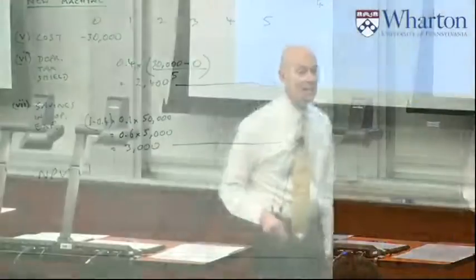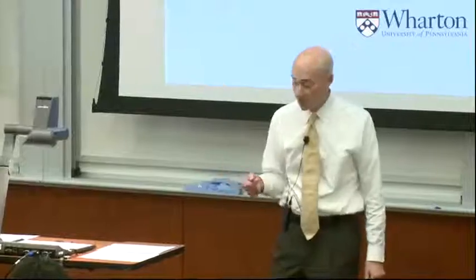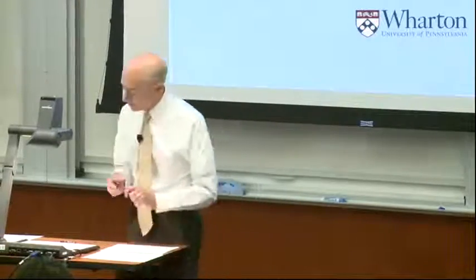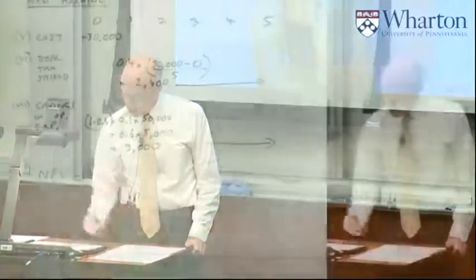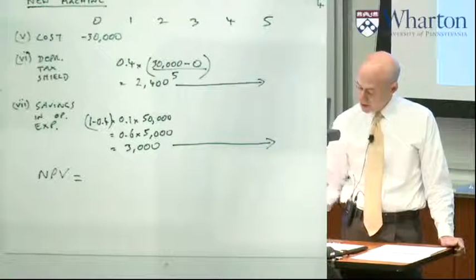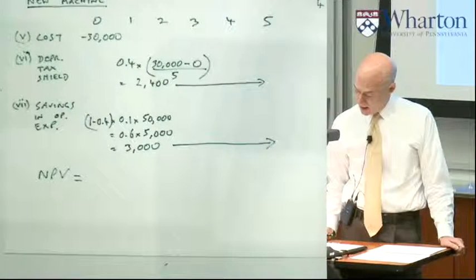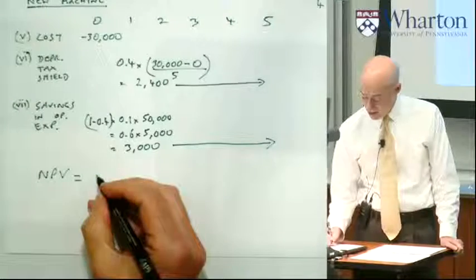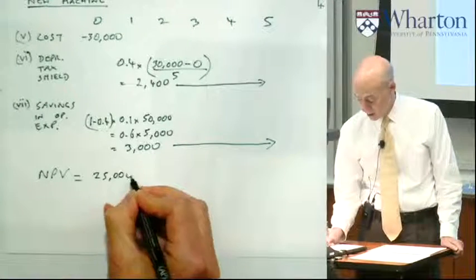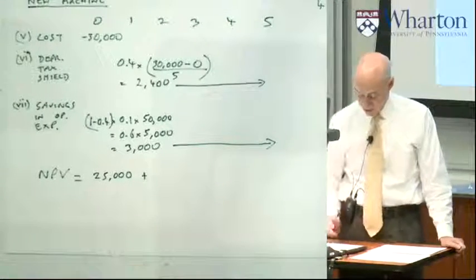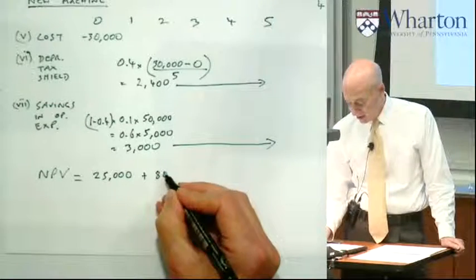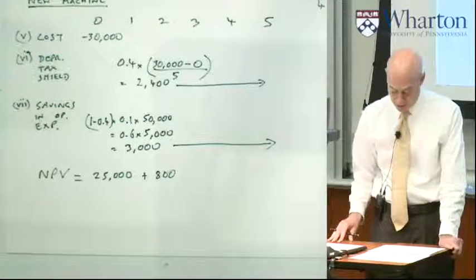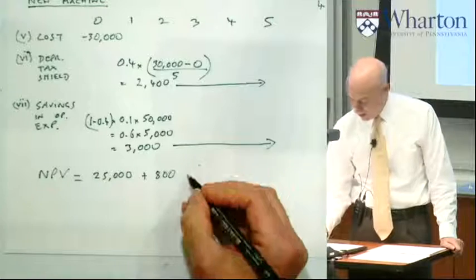In this particular case, it's probably easier to do it horizontally, row by row. So let's do the date 0s. We've got 25,000 for the sale of the machine, and we've got the 800 tax effect from the book loss. Then we buy the new one.